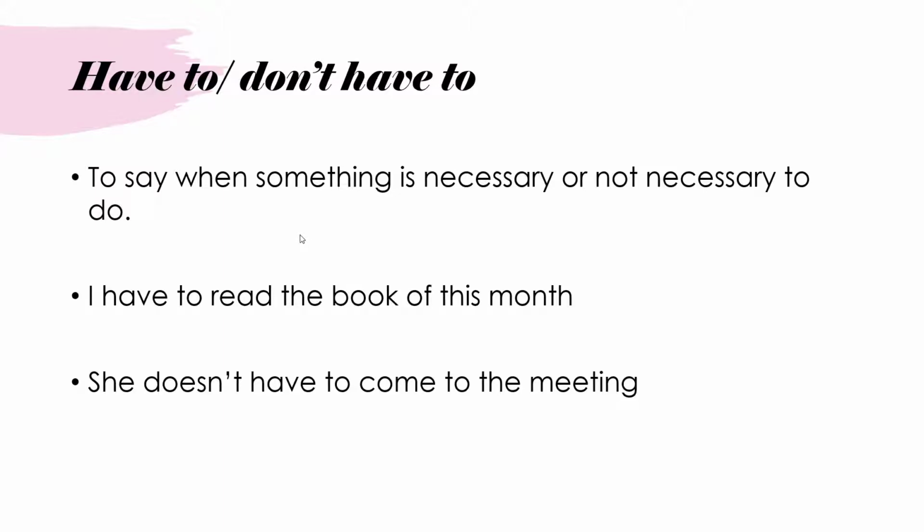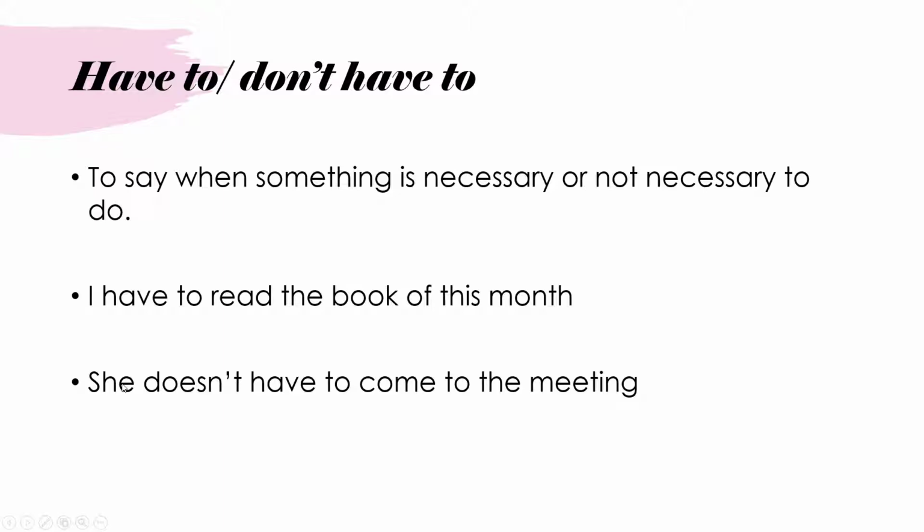Let's see some examples. Number one, I have to read the book of this month. Subject first, then have to, then the main verb read and the complement. And the other example is she doesn't have to come to the meeting.